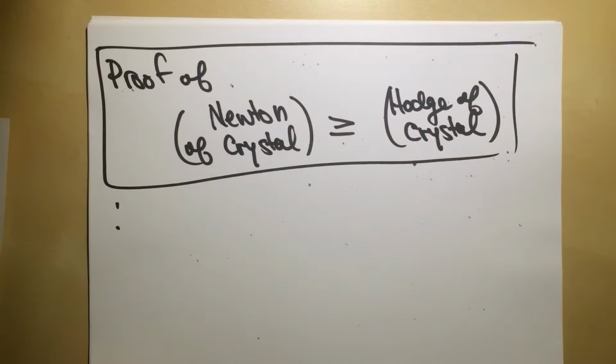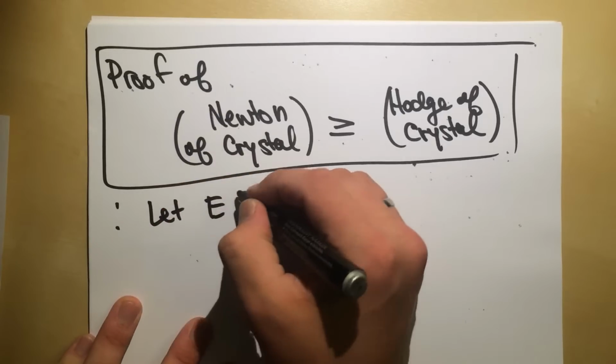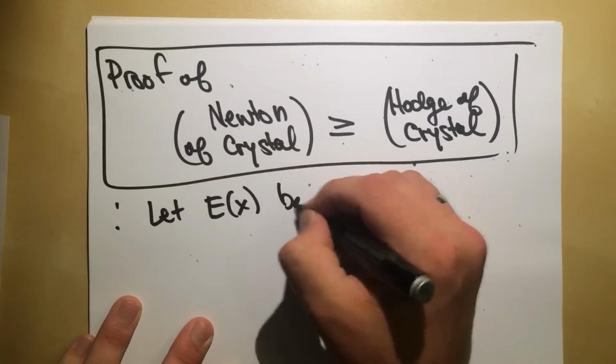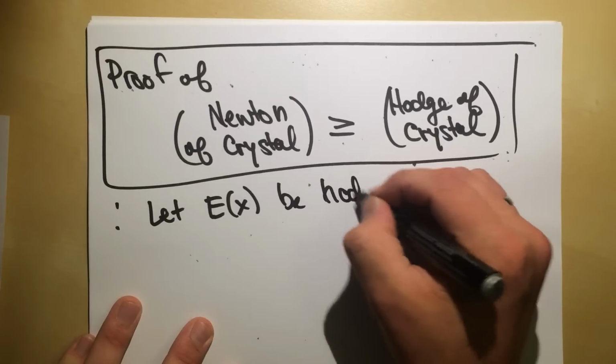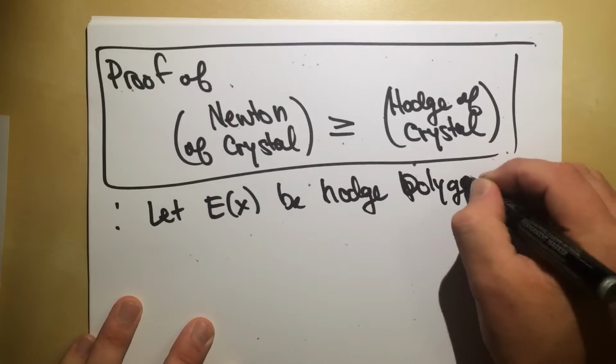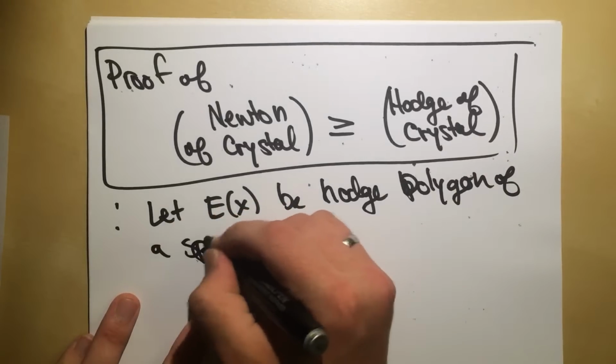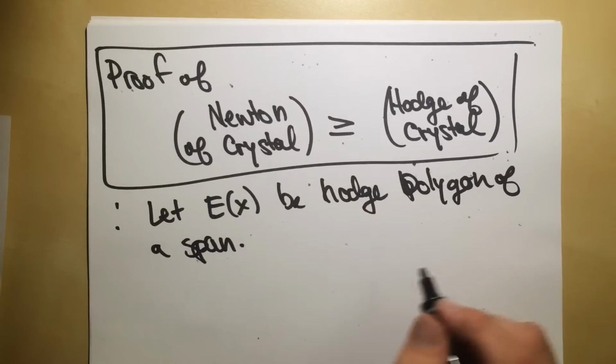What I want to do is let e_i or e_X be the Hodge polygon of a span or crystal, whatever.